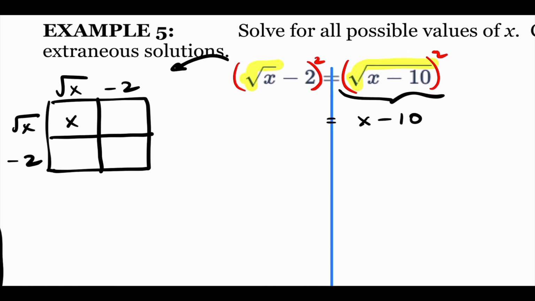Okay. Can I multiply negative 2 times x? No, like last week, I can't do that because negative 2 is not inside. So I put negative 2 and then root x.